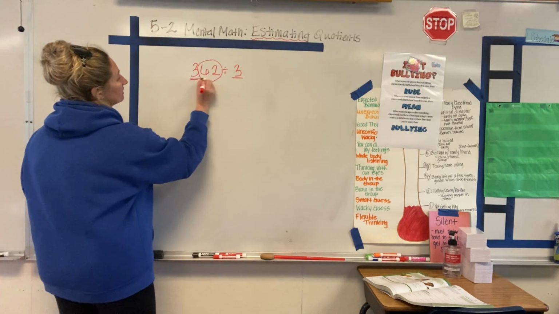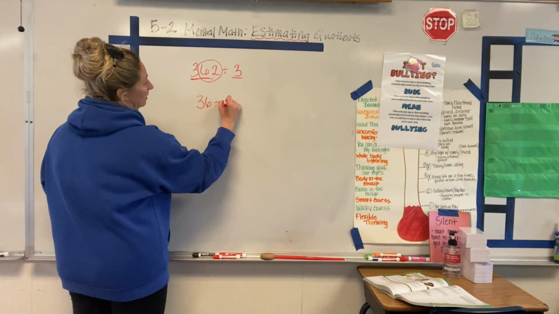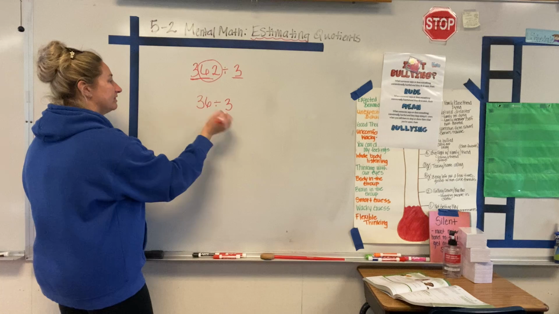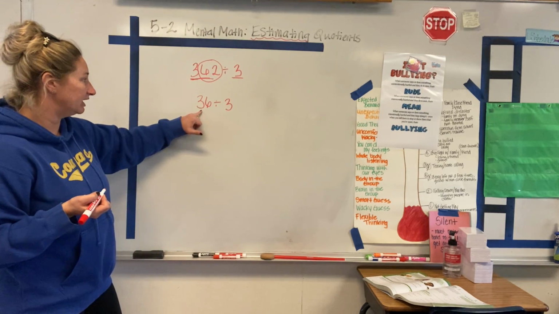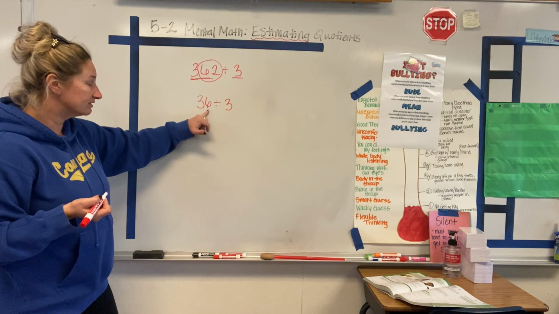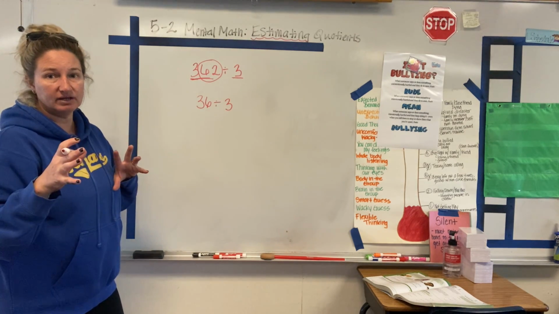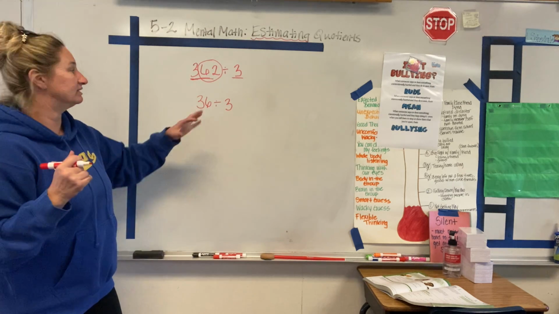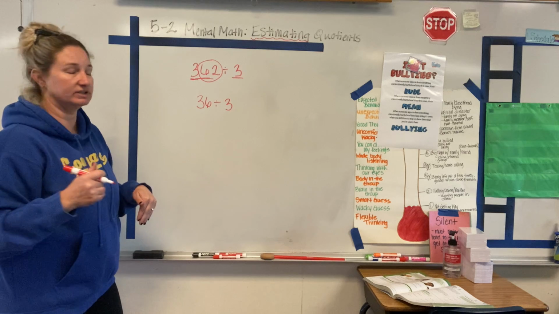So I'm going to look at 36. I think 3 goes into 36 because I know 3 goes into 30 and 3 goes into 6. So I'm going to list my multiples of 3 to see if I'm right and to see how many times 3 goes into 36.